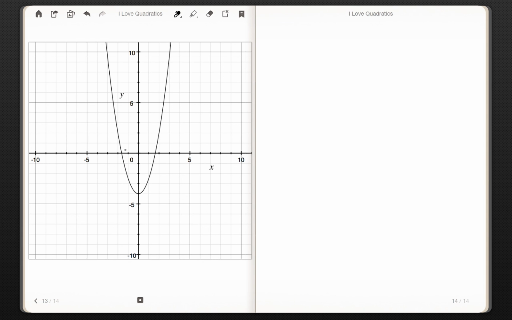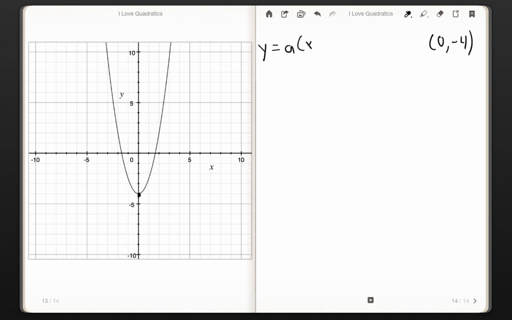So now in this one, we see that we can't tell exactly what the roots are, but we can see that the vertex is exactly on this point, 0, -4. So going back to the equation for vertex form, we can just substitute: the x value of the vertex is b, the y value is c.